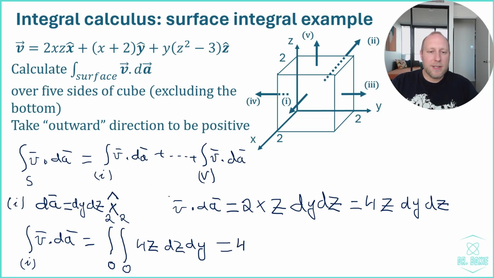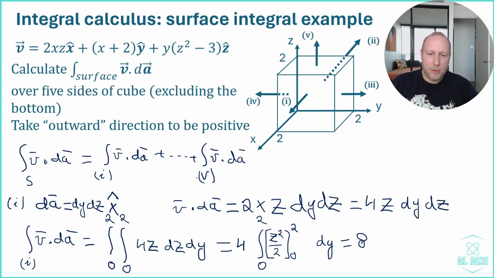And if we now solve the z integral first, the y integral just remains there. And the integral of z dz is z squared over 2, but it needs to be evaluated between 0 and 2. Now z squared over 2 evaluated at 2 is 2 squared over 2, which is just 2, minus z squared over 2 evaluated at 0, which is 0. So net we are left with a 2, which means we have 8 outside.